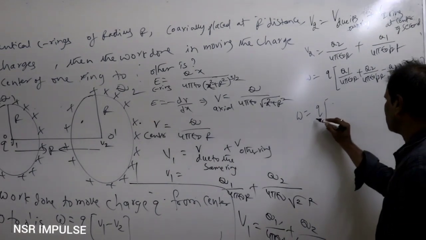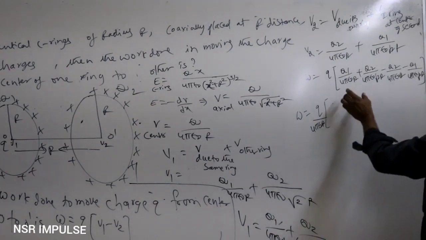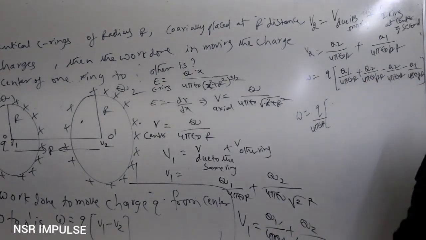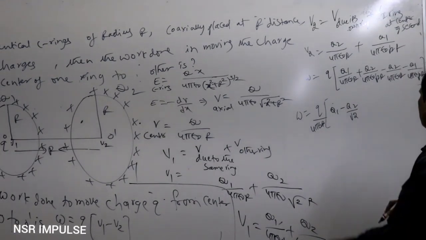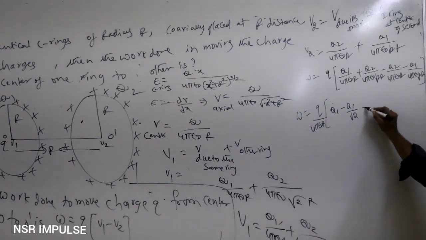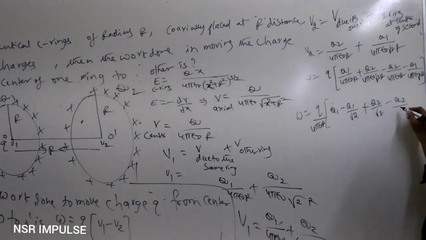So you can take common 4 pi epsilon naught r. So Q1 minus Q2, minus Q1 by root 2 plus Q2 by root 2.